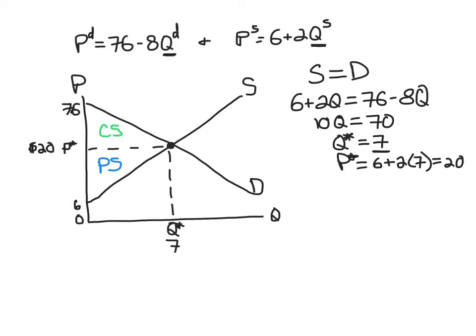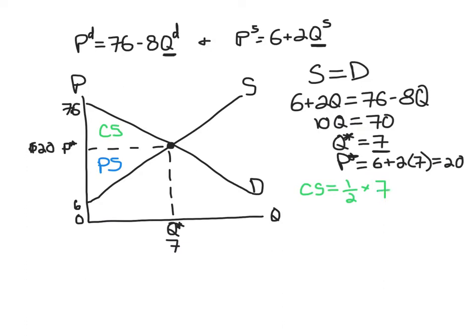So let's start with consumer surplus. We could do it for every single transaction separately, but that would be really time consuming to figure out all those numbers. So instead we just use the equation for the area of a triangle, which is 1/2 times the base, which would be from 0 to Q star, right? The base is from here all the way to here. So let's add that into our formula.